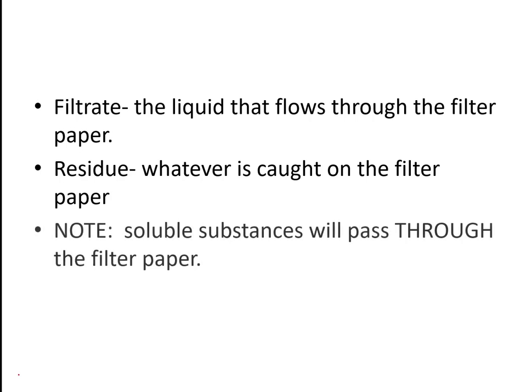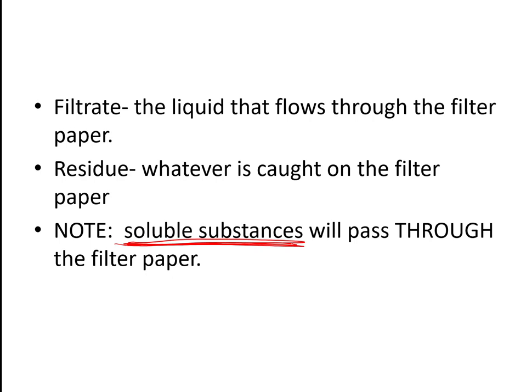And one thing that is important to note is that soluble substances will pass through the filter paper. So this means that if you have salt dissolved in some water along with some, let's say, sand, the sand would be your residue that would get caught on your filter paper. Your salt would remain in the filtrate.